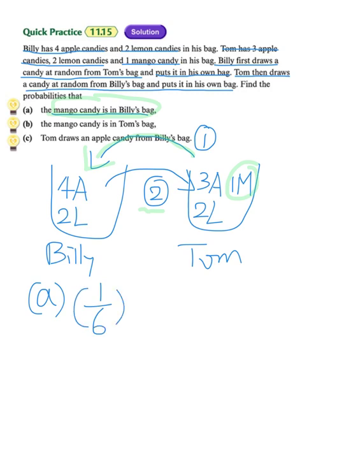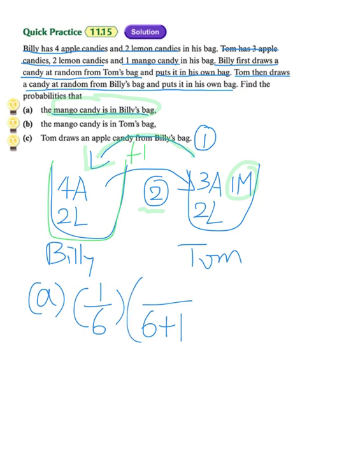And then after that, Billy has 6 plus 1 in his own bag, because you picked up 1, so we add 1 more candy.